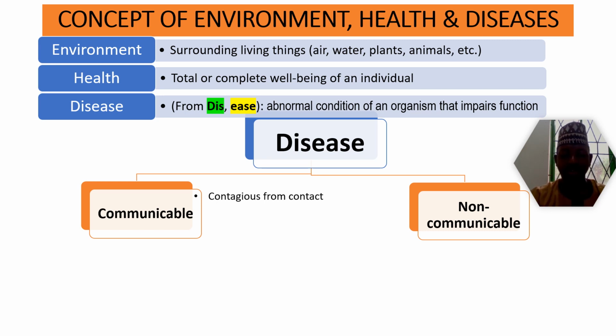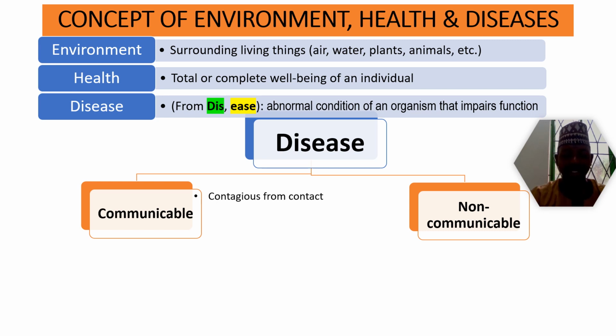So looking at the communicable, they are diseases that can easily be transmitted through contact with the infected person. If a healthy person is in contact with the infected person, the healthy person can easily acquire the disease.